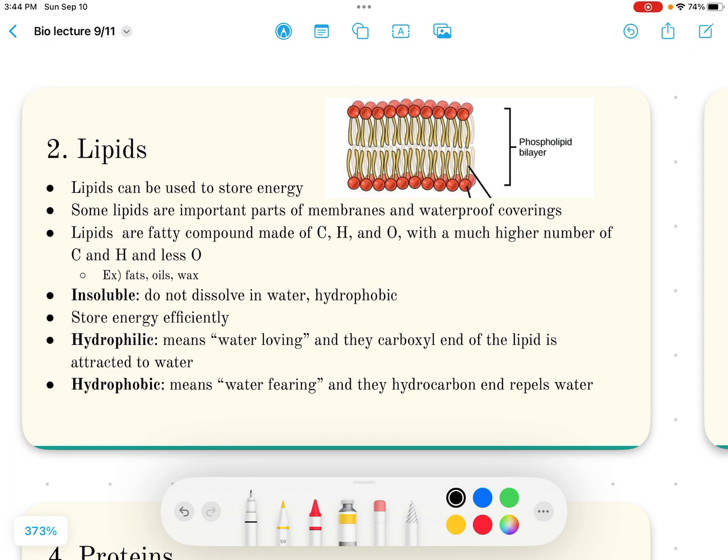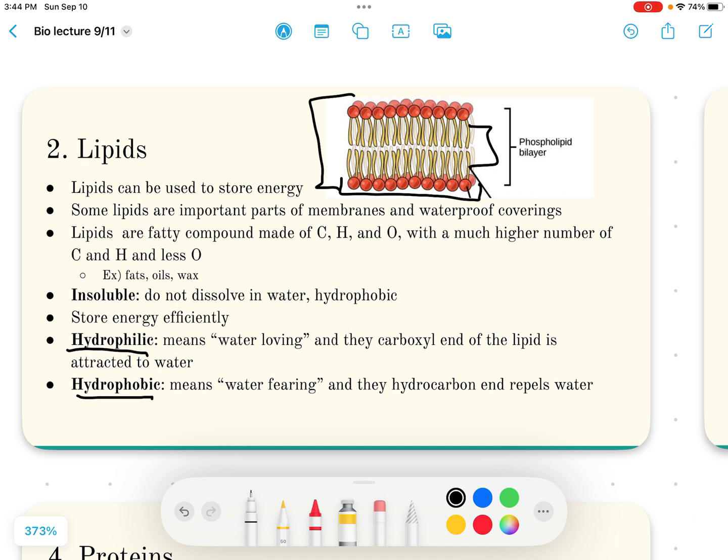For example, this picture up here is a phospholipid bilayer that we have within our cells. The part here is what we know as hydrophilic, meaning water loving, meaning it loves to have water next to it. We have the inside here, which is hydrophobic, meaning it fears water or does not like water and will repel water.